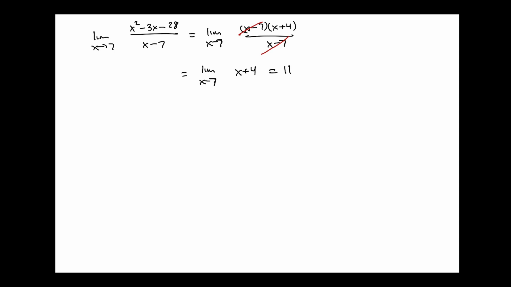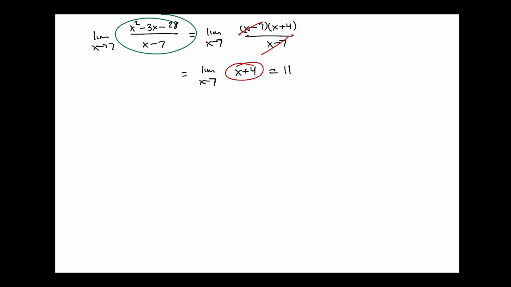No. Are they identically equal for any value other than 7? Yes. If I graph them, they'd be right on top of each other. What's the difference in their graphs? This one would have a hole at x equals 7, whereas the x plus 4 part, does that have a hole anywhere? No. It's a straight line, no big deal.